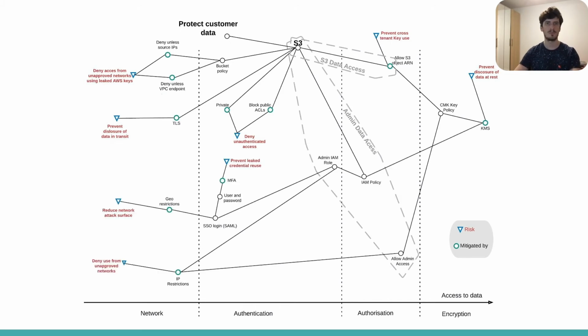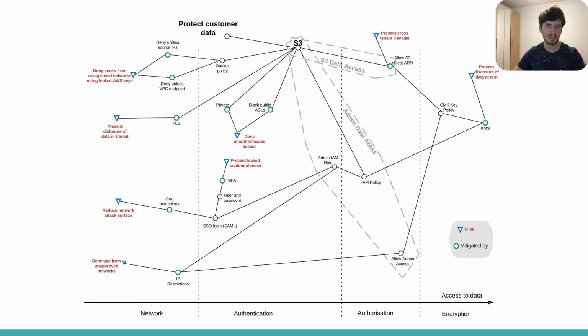To complete this diagram, it would look like this. And you can see the KMS key policy in there is used to allow admin access. And probably I should have had a connection between allow admin access and allow IAM role. That's a thing I can improve on this diagram.